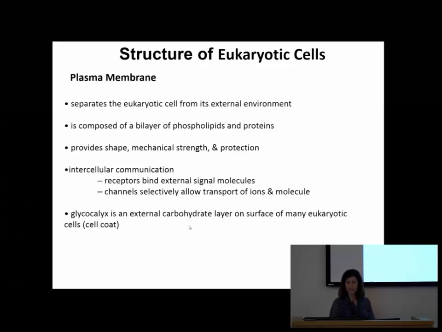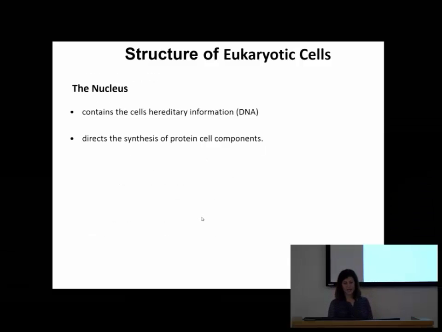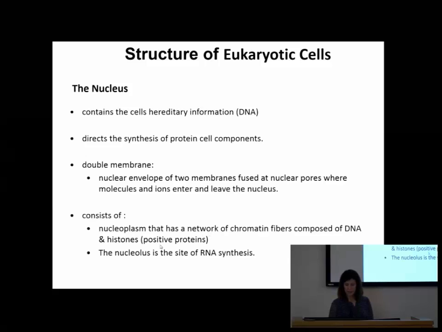Again, the nucleus contains DNA, directs its synthesis, and it's actually produced from a double membrane where you have pores where things can get in and out. And the chromatin fibers are DNA wrapped around histones, which, it's kind of neat how this packs up.